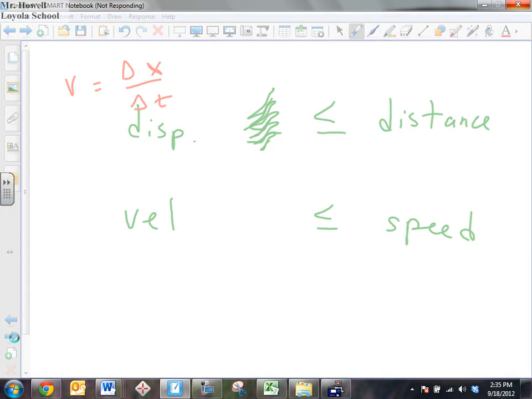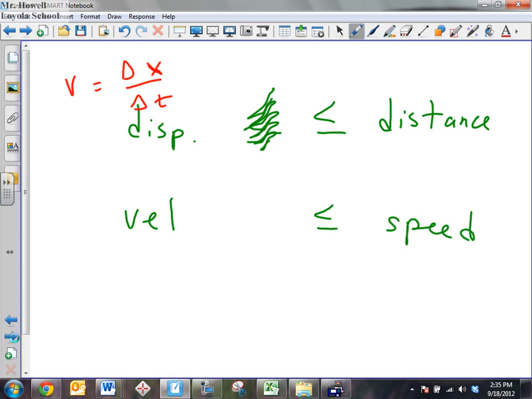All right, so the next problem we're going to look at, I want you to write this down. I'm going to dictate. During a race on level ground, meaning there's no elevation change.